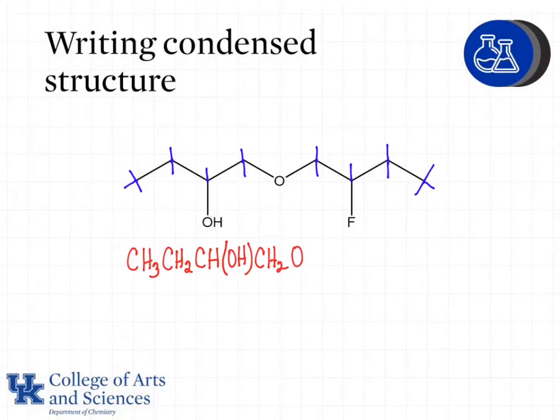Note that this oxygen is not placed in parentheses because it is part of the chain or the backbone of the molecule. Because it's part of the longer chain, it does not need to be in parentheses. The first oxygen of OH was off to the side of the molecule, so it did have to be in parentheses. Next we have CH2.